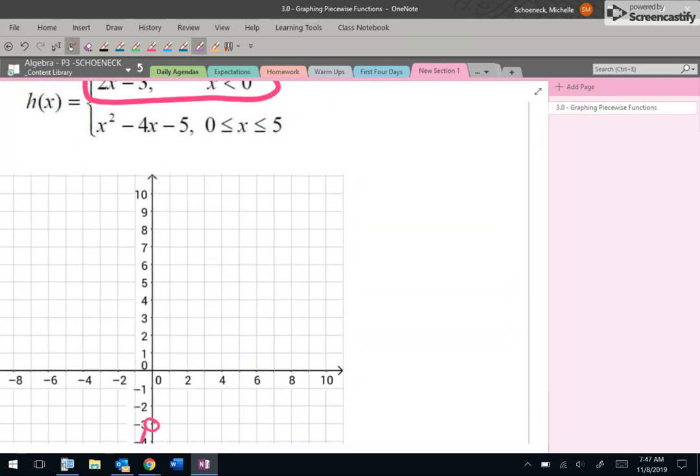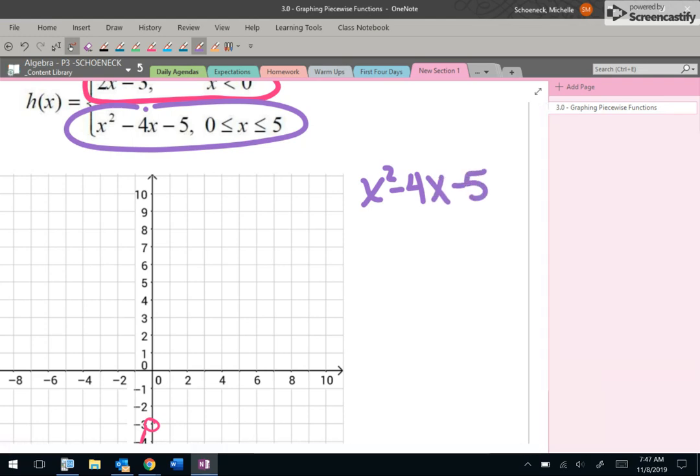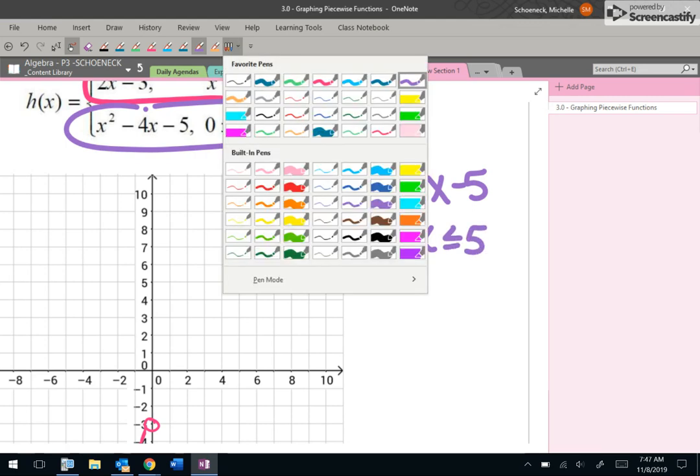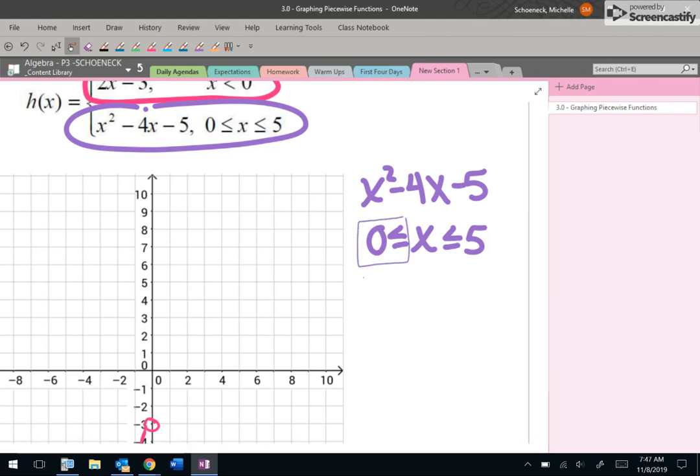Our second equation we'll do in purple. And we've got x squared minus 4x minus 5. And our interval here is 0 is less than or equal to x is less than or equal to 5. And again, we're just going to annotate it a little bit. It's or equal to, so I'm going to box it in. Or equal to means it's a closed circle.